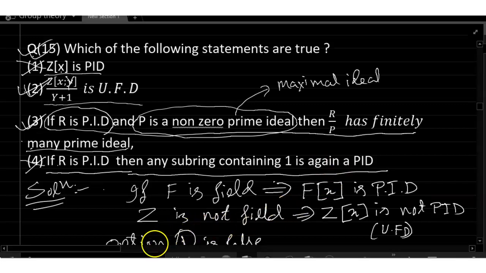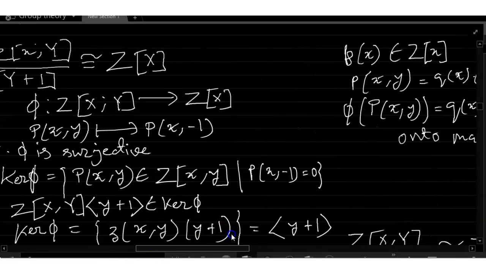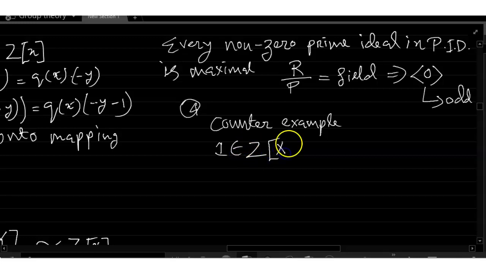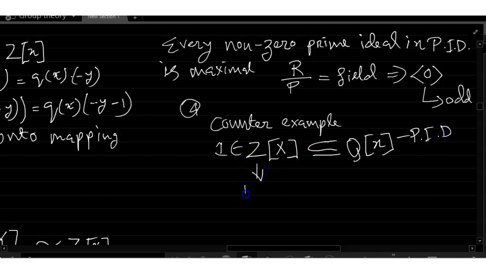Counterexample for 4: Z[x] is a subset of Q[x]. Q[x] is a PID, but Z[x] is not a PID.